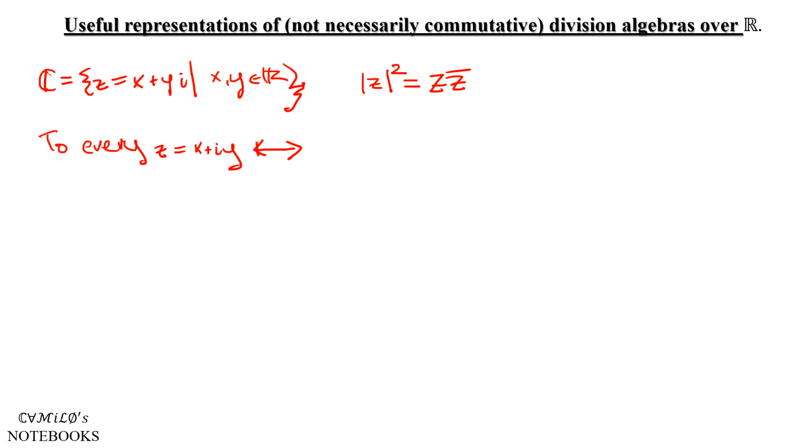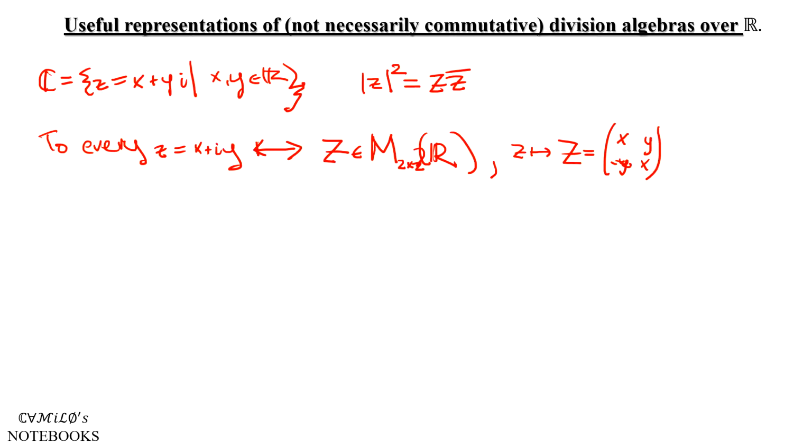We're going to identify it to the matrix Z in the 2 by 2 real matrices. The map is going to be given by little z maps to big Z, which is going to be the matrix x, minus y, y, x. And obviously, why are we going to do this?